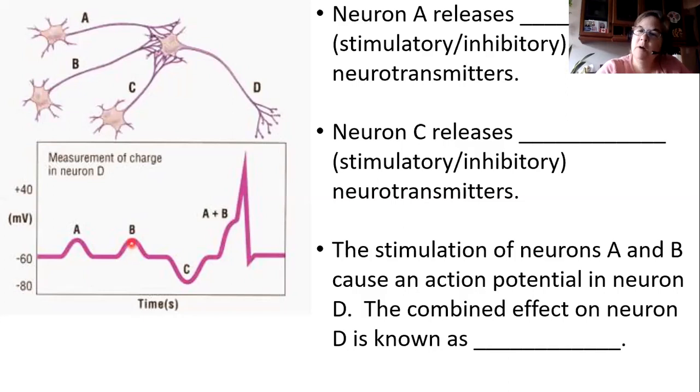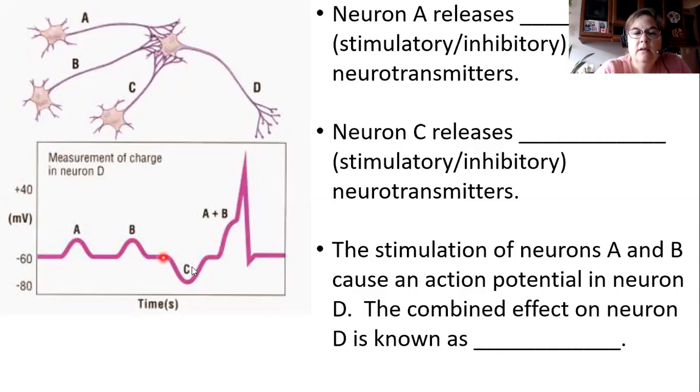I know it's getting more positive, but it just doesn't reach threshold, so I don't get that huge influx of sodium ions, right? What about C? Is C stimulatory or inhibitory? Yeah, so C causes more potassium channels to open, which means they get even more positive on the outside. The outside becomes hyperpolarized, right?